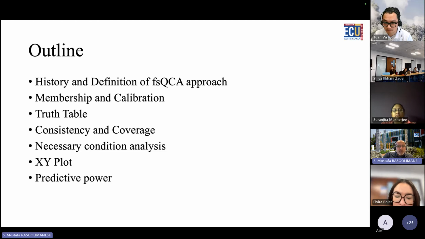I will try to explain a bit about the history and definition of FSQCA, a few main steps of FSQCA that are membership and calibration, creating the truth table, assessment of consistency and coverage, and necessary condition analysis. If we have time, I will talk a bit about the XY plot and predictive power in FSQCA.